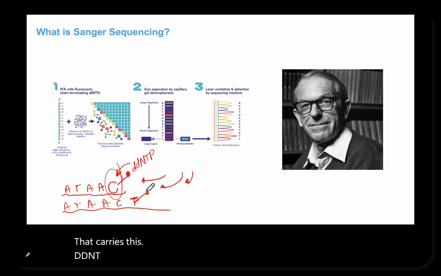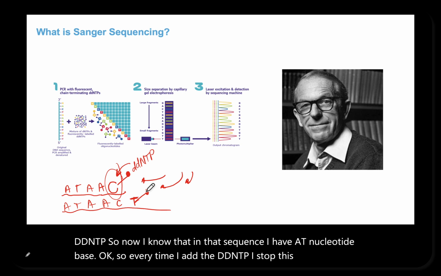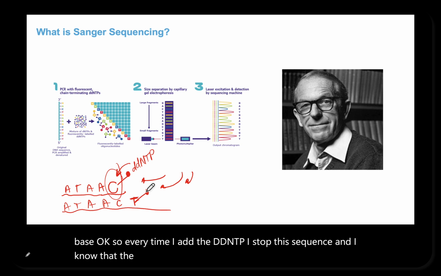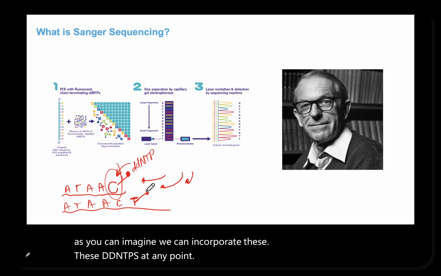So now I know that in that sequence, I have a T nucleotide base. Every time I add the ddNTP, I stop the sequence, and I know that the last letter of that sequence was C. And as you can imagine, we can incorporate these ddNTPs at any point of our DNA sequence.